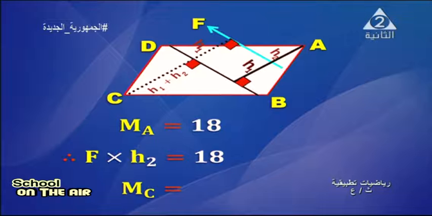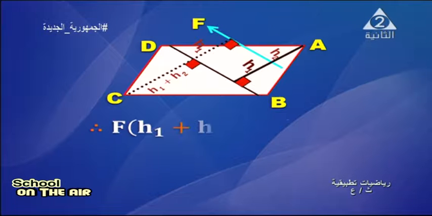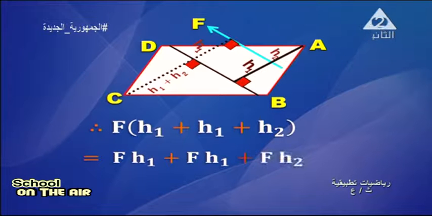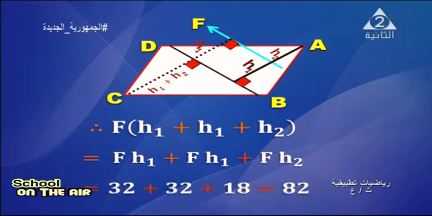Remember, the moment about C equals what? F times H1 plus H2 plus H1, or FH1 plus FH1 plus FH2, equals 32 plus 32 plus 18 equals 82. This example is very important.